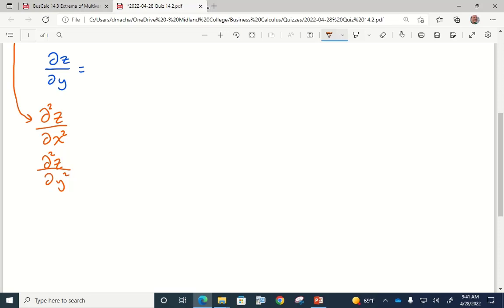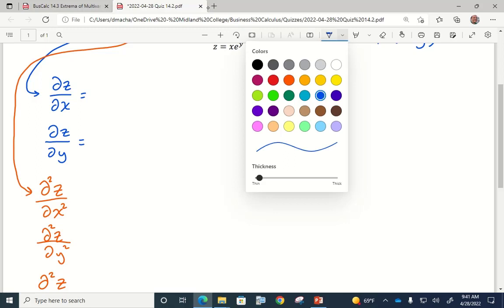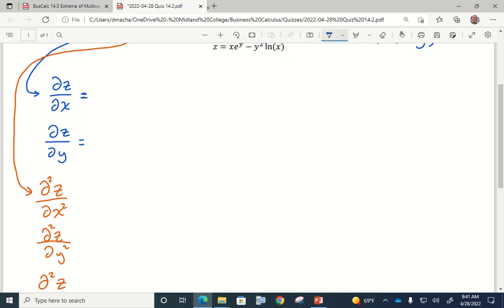And lastly, the second derivative of z, but this is what we call the mixed partial, because we're going to take the partial with respect to x and then the partial with respect to y, or vice versa. It doesn't really matter the order that you're doing those in. But there's two first derivatives in this case.